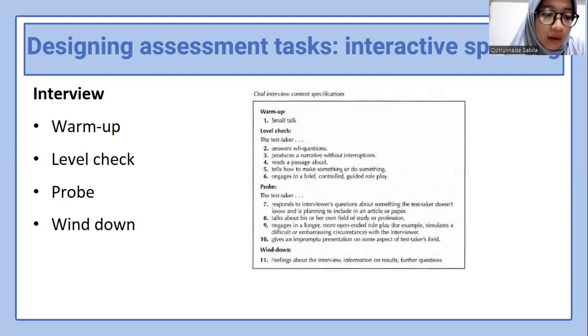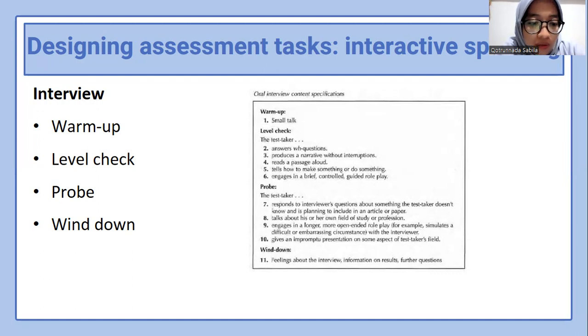Two decades ago, Michael Canale, 1984, proposed a framework for oral proficiency testing that has withstood the test of time. Canale suggested that test takers will perform at their best if they are led through four stages. The first is a warm up.